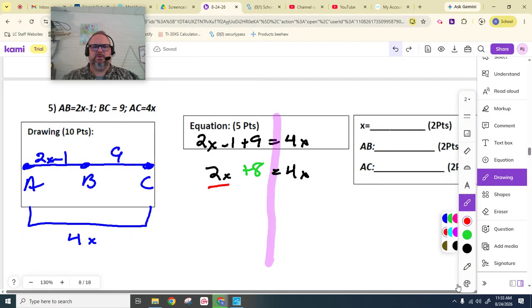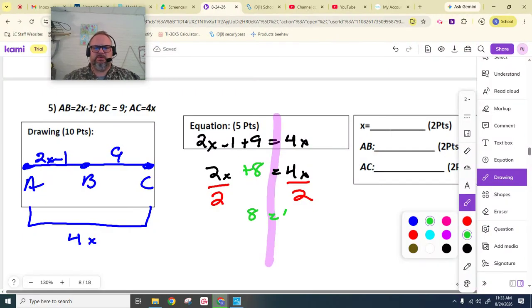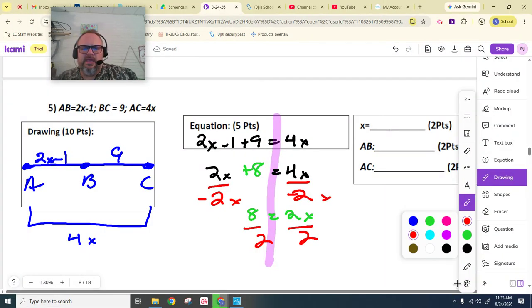All right, so 8 equals 2x. 2 divided by 2. Did y'all get negative 4 or positive 4?